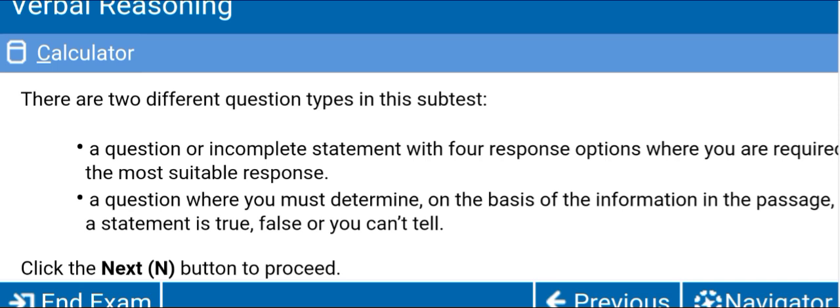Next, the question can be in the form of a passage and the information is given, and you have to tell whether that information is true, false, or you can't tell about it. So I hope you guys understand which type of questions are included in this subtest. So click the next button to proceed.